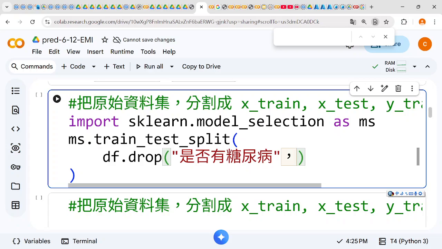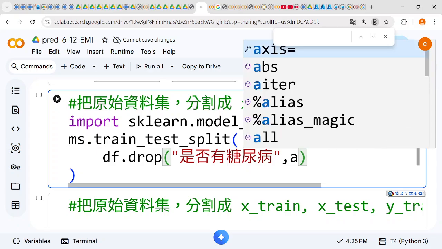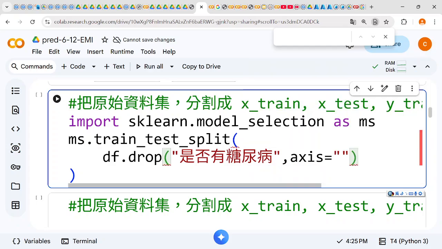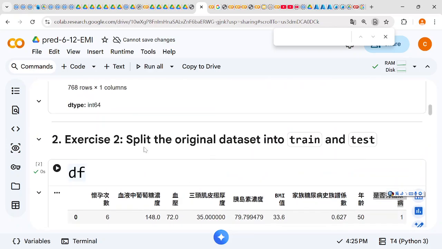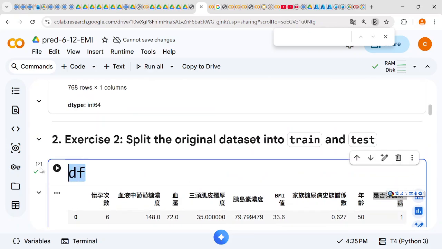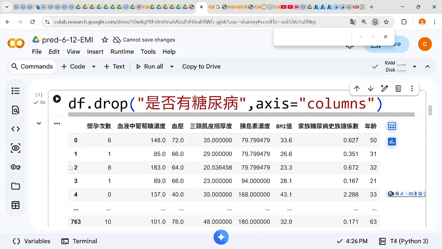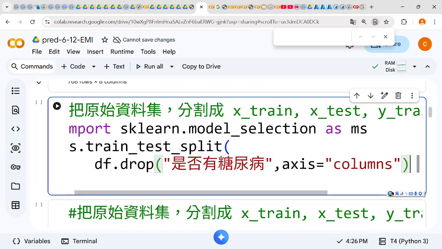And here this column, the axis is equal to column. Before I do this, I can just do the test. Okay. And the second one is the Y.